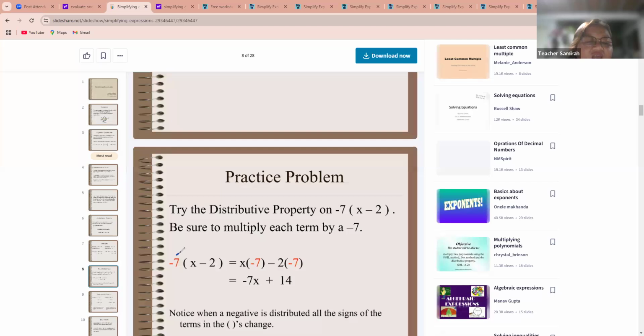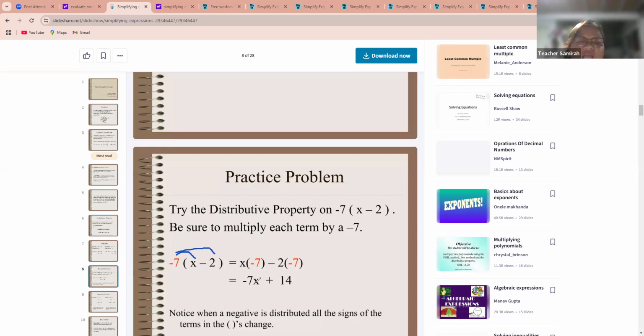Look at this. Negative 7 times x would give us this one. And then copy these, negative 2 times negative 7. We all know that if you multiply positive and negative integers, we get a negative answer or product.